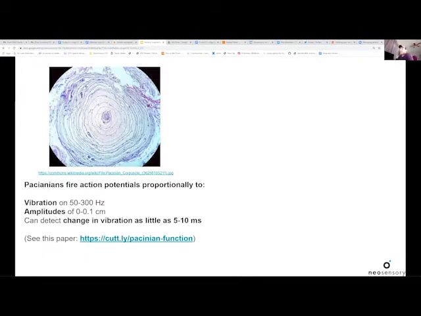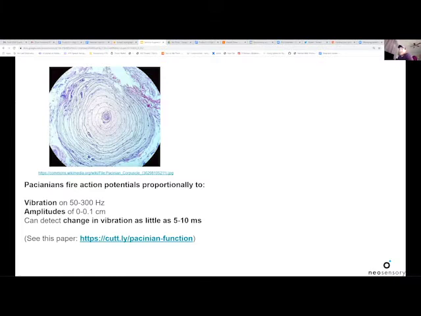Pacinians fire action potentials that go to the brain, and the rate at which they fire is proportional to the frequency of the vibration, which is on the order of 50 to 300 hertz, or the amplitude of vibration.